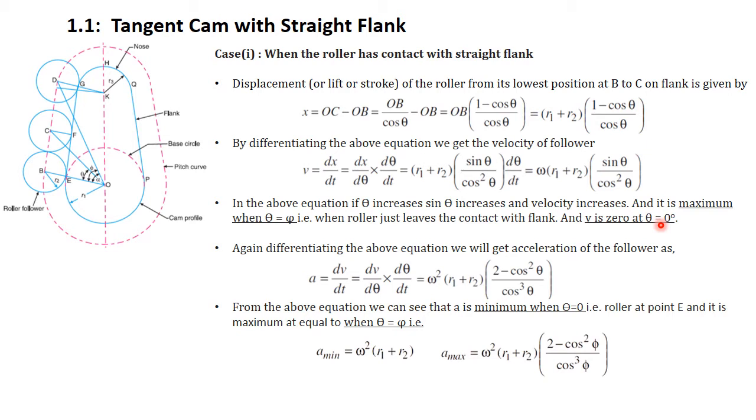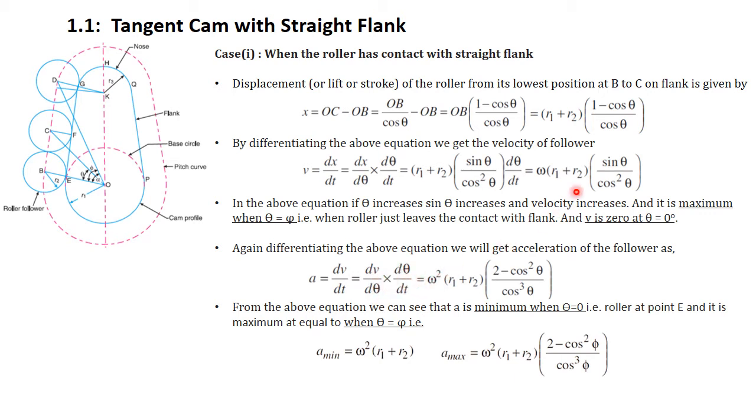Okay, now let us find the acceleration of the follower on the surface of the flank. Acceleration can also be computed by differentiating velocity with respect to time. Therefore acceleration is equal to dv/dt, and we already know that the velocity is a function of theta, so we can write it as dv/dθ into dθ/dt.